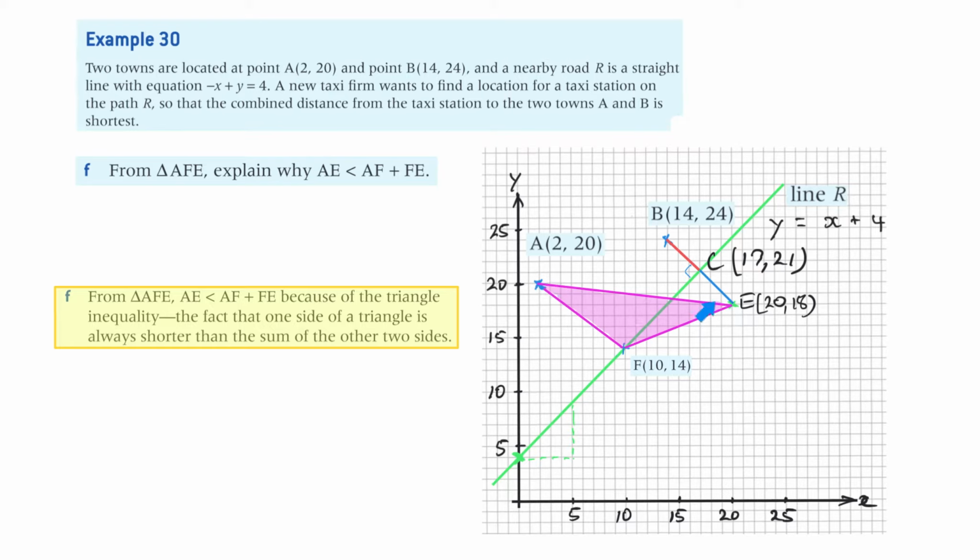It's a straight line, so that must be shorter than this plus this. Because, for example, if this triangle was out to here, this would be quite a long distance to go from A to E. The shortest distance is directly there, so that's why AE is less than AF plus FE, and that's the answer from the book.